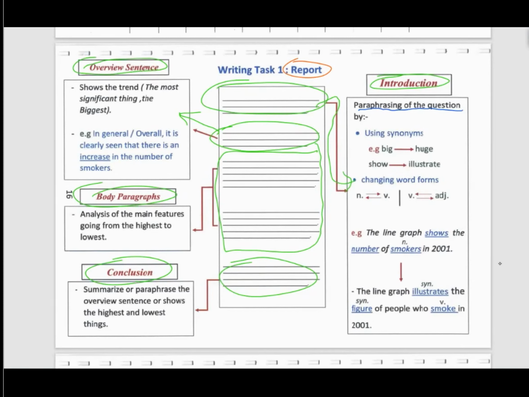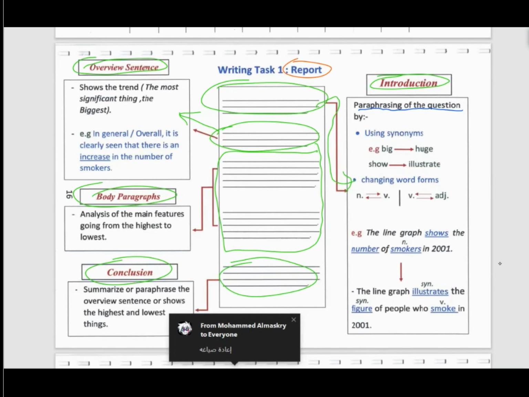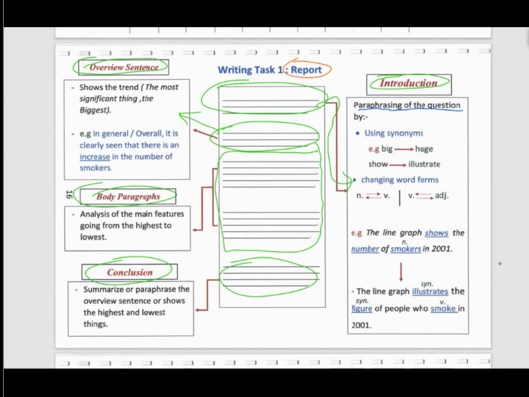who can tell me what is paraphrasing? Yeah, you rewrite the question in other words. You rewrite something in another way, or you say it in another way, but don't copy it as it is.